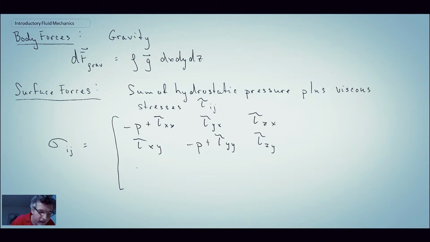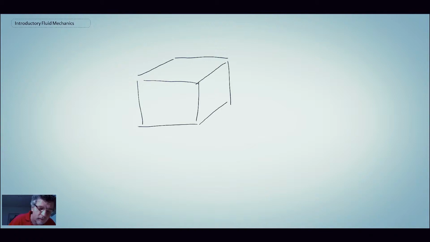And I'll draw out a diagram showing what all of these are. Okay, so there are 9 of these. And in terms of a schematic of how they apply, let's draw a little chunk of fluid. So a differential element.